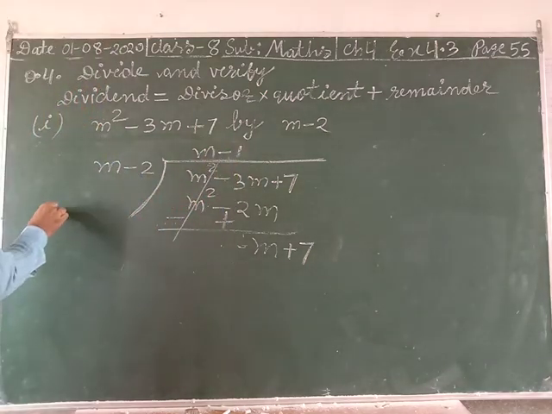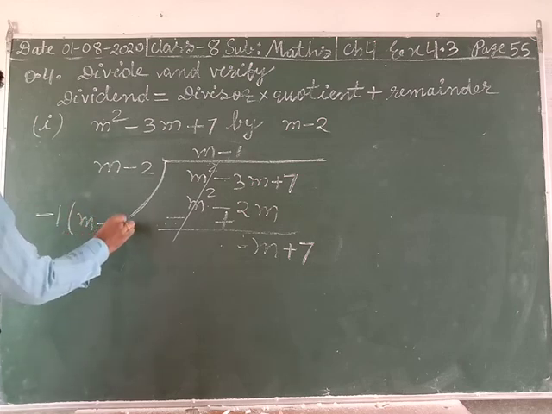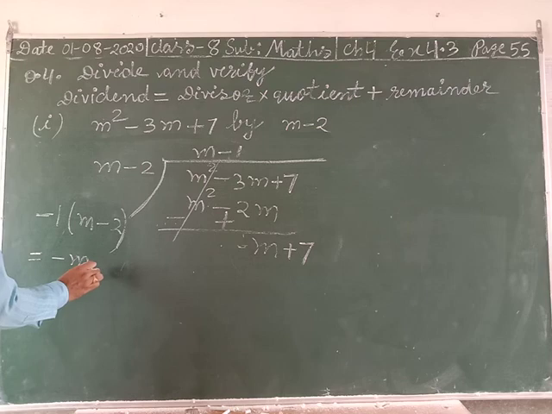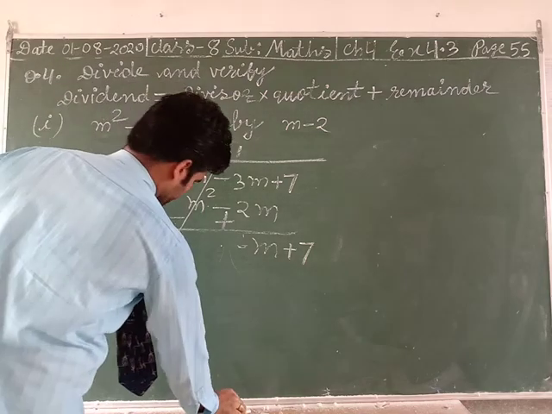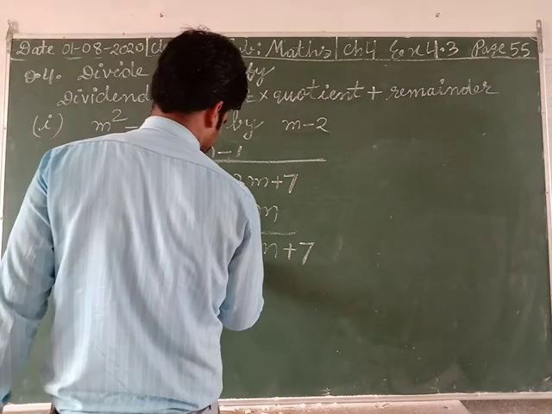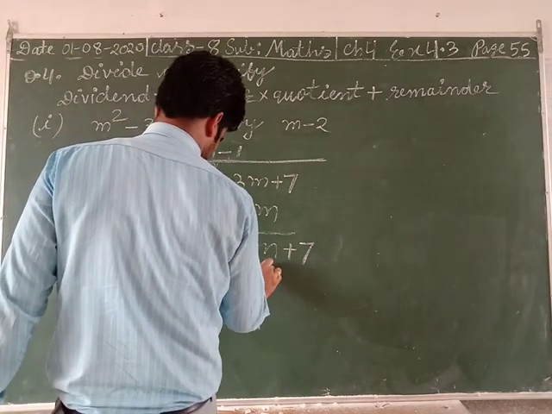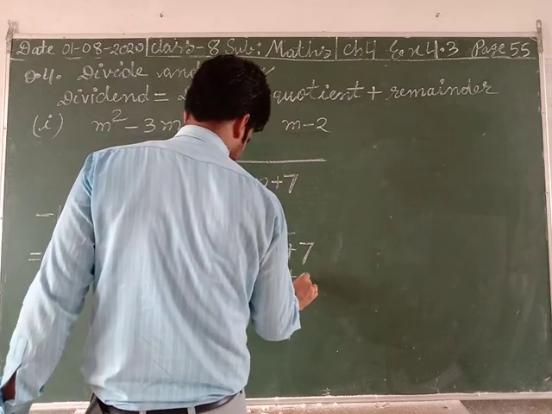So minus 1 into m minus 2 is equal to minus m plus 2. So students, here I write minus m plus 2.